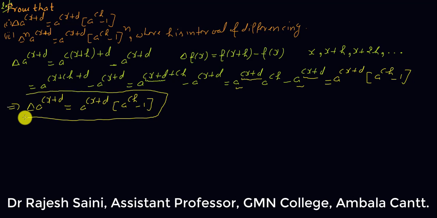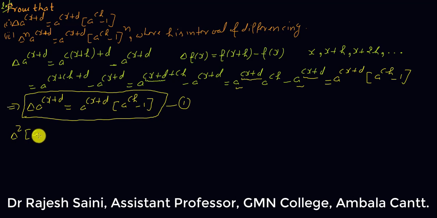Next, we need to prove the second thing, and you are going to name this equation as equation number 1. We will prove it by generalization: we will prove it for 2, then we will see the result.